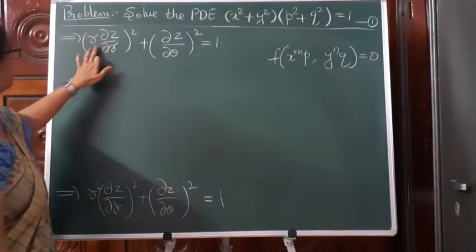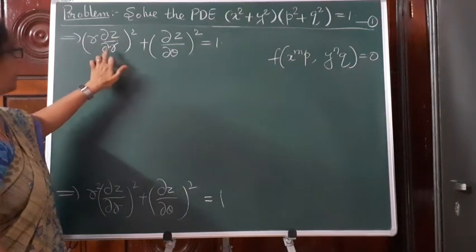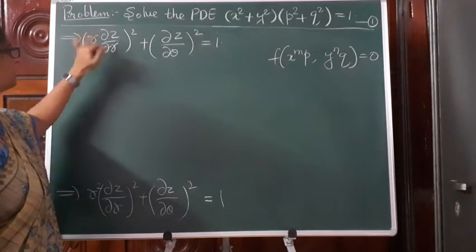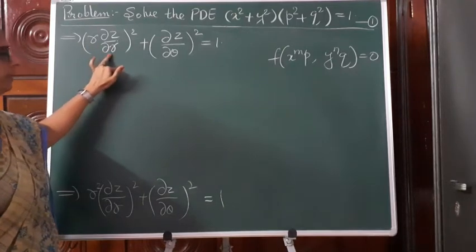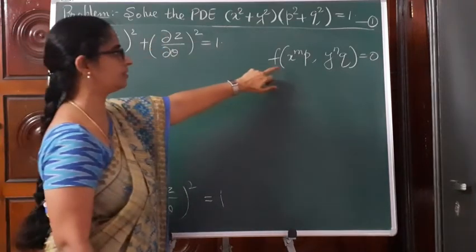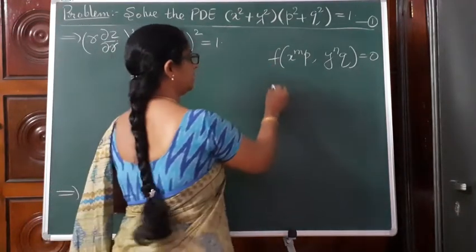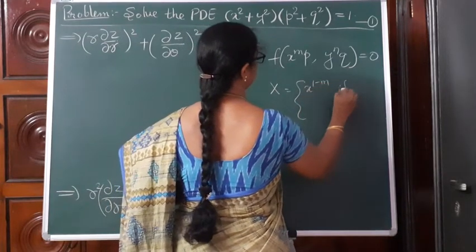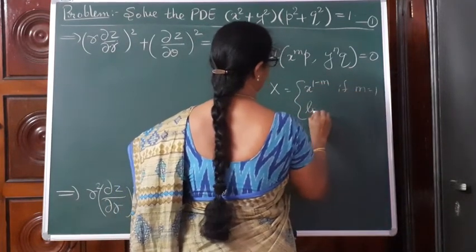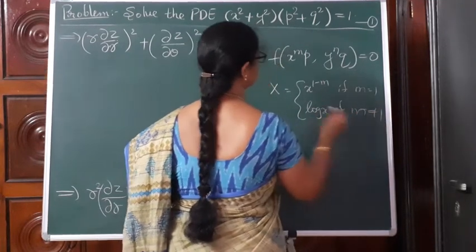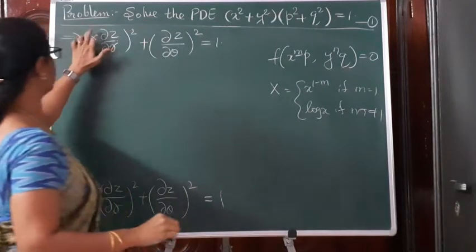Right? So we have r dou z by dou r, x power m into dou z by dou r, we can call it as some capital P, dou z by dou theta, no y power n here. So what is the substitution we take in this case? We take capital X is equal to x power 1 minus m if m is not equal to 1, and log x if m is equal to 1. So here in this case we have m is equal to 1, r power 1.